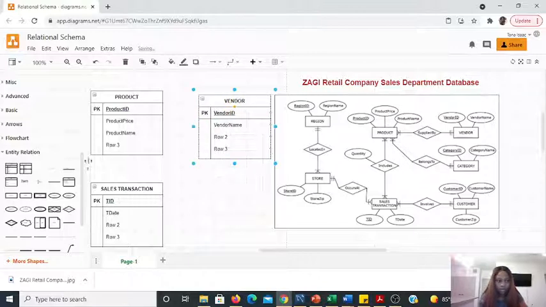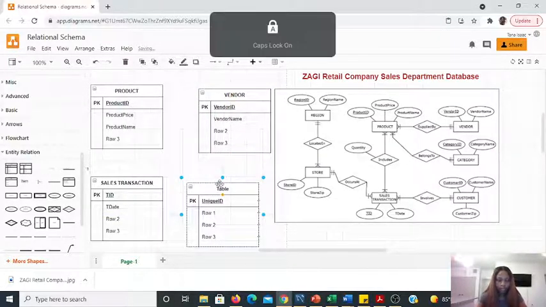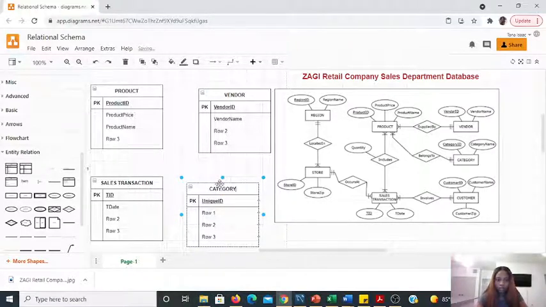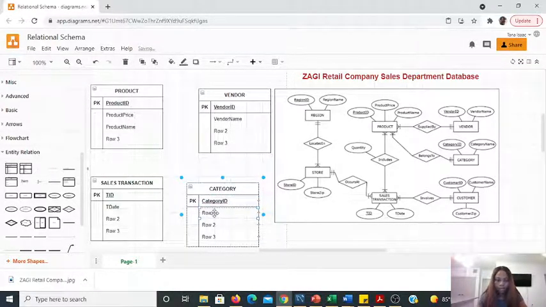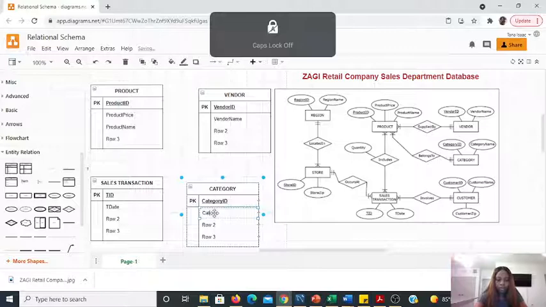The next entity is category. So in the category table, we have category ID as the primary key and category name.